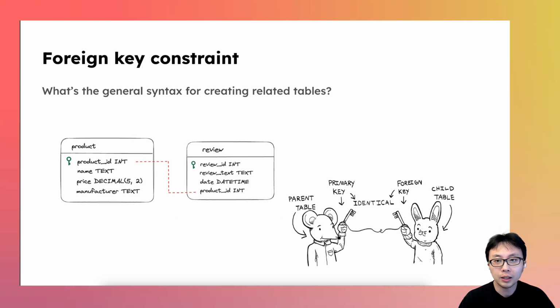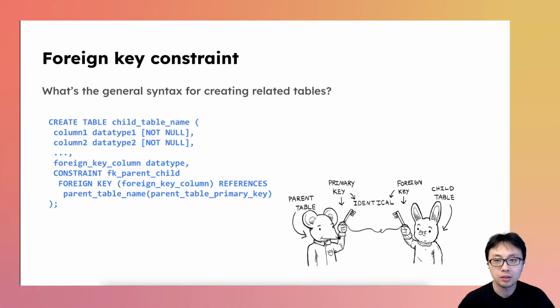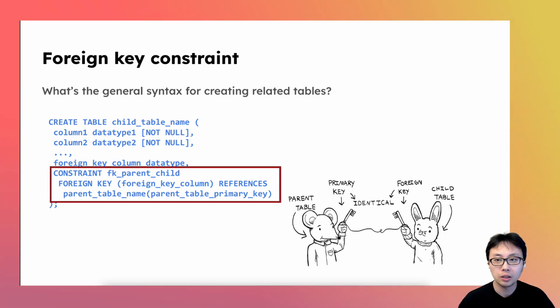As you can see from the command that creates the product table, the syntax for creating a parent table is the same as the syntax for creating a single table that's not related to any other tables. To create a child table, you need to specify the foreign key that references the primary key in the parent table.